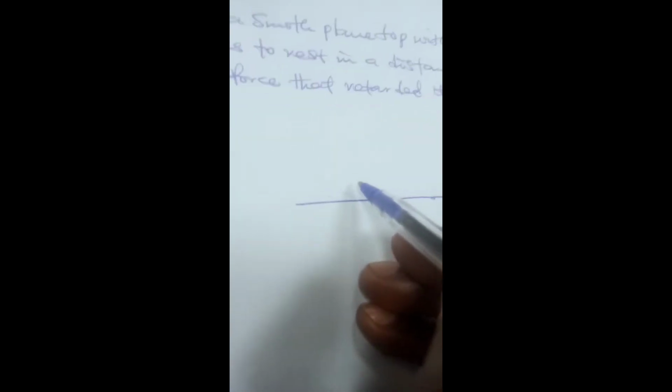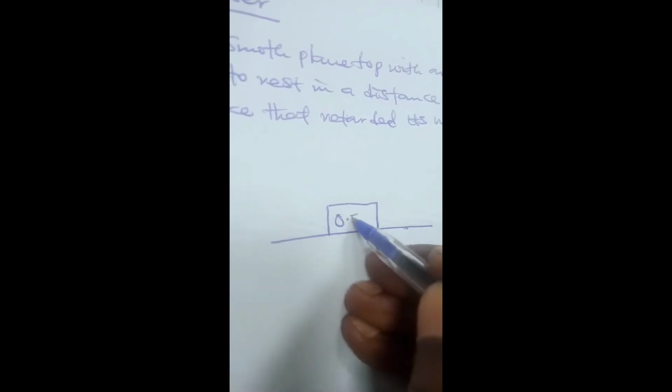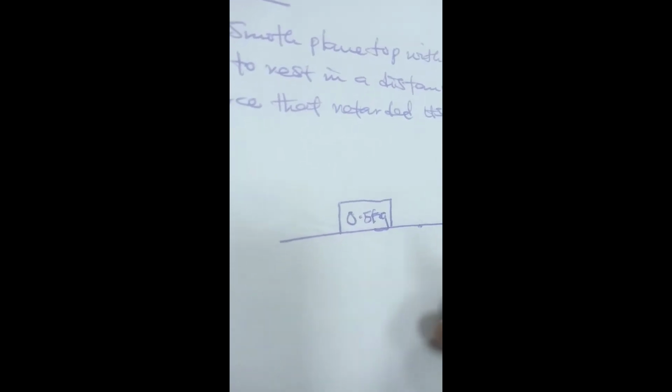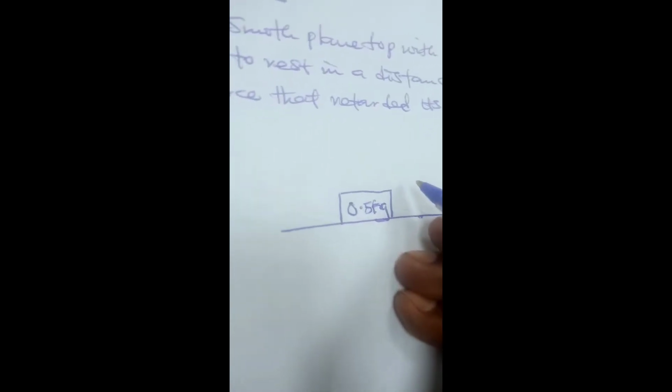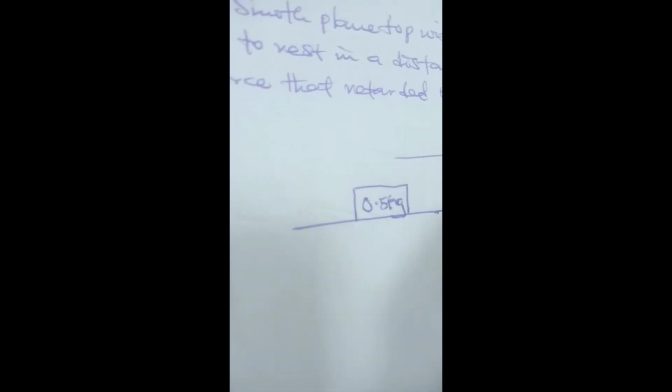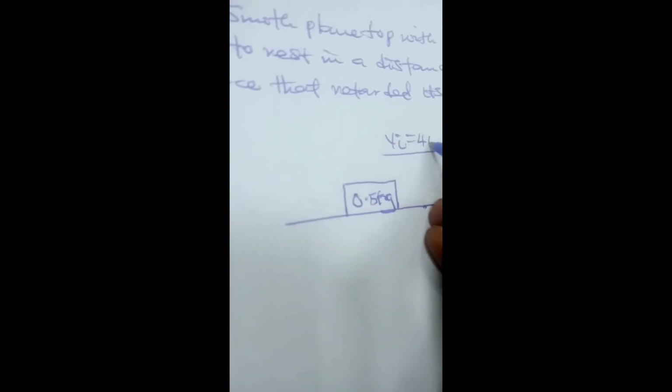Now, to do this, I want us to produce a simple illustration just to back the explanation I'm trying to provide. So let's say this is the smooth plane top they mentioned in that question, and this is the block of 0.5 kg mentioned in the question. I want us to take note of something. Remember that this object is moving with an initial velocity of 4 meters per second.